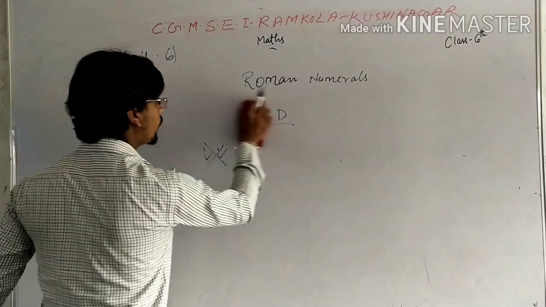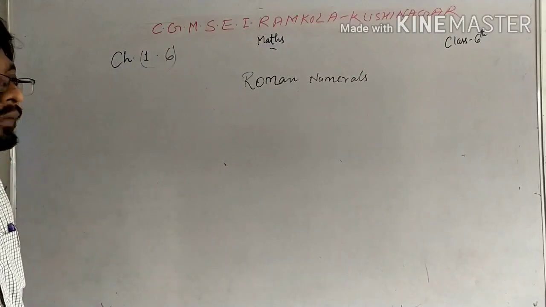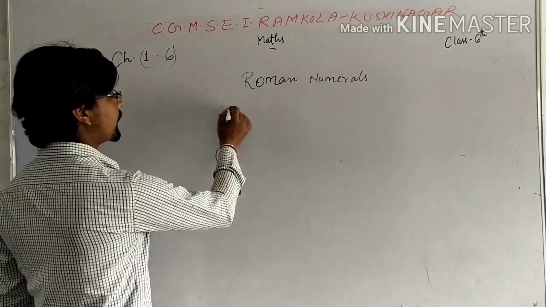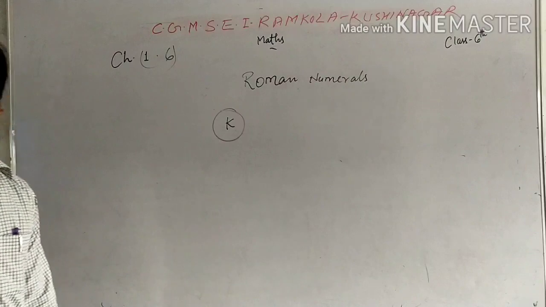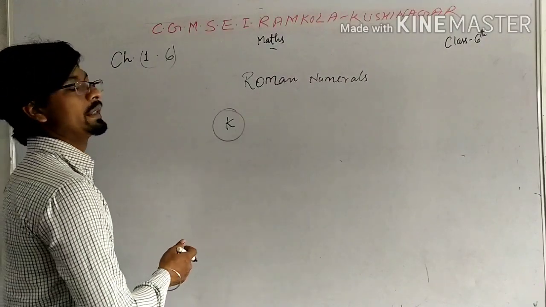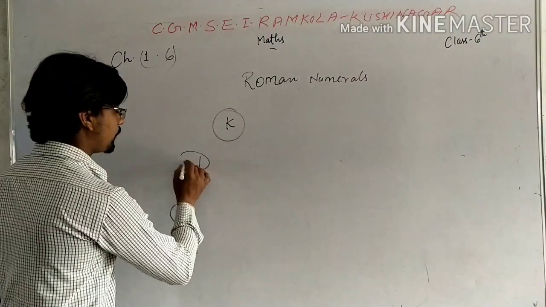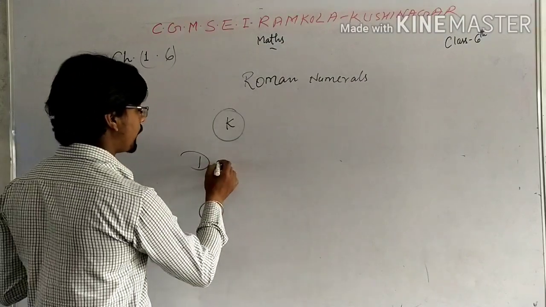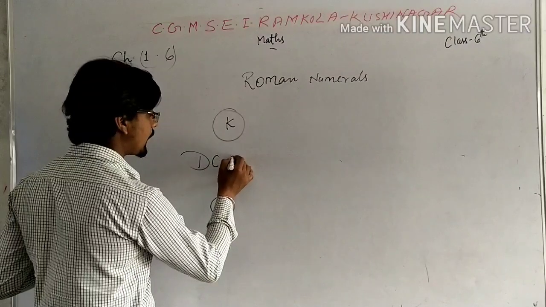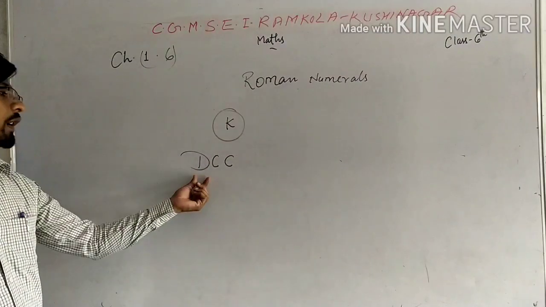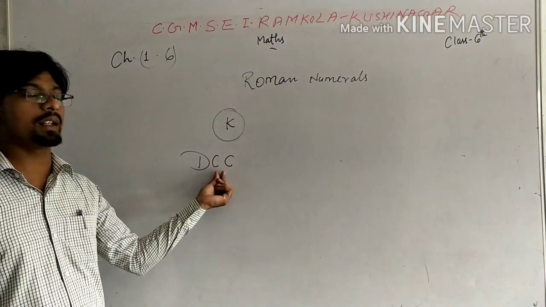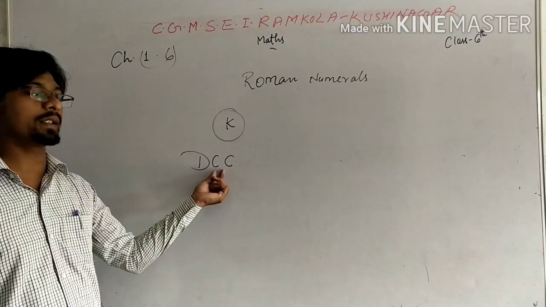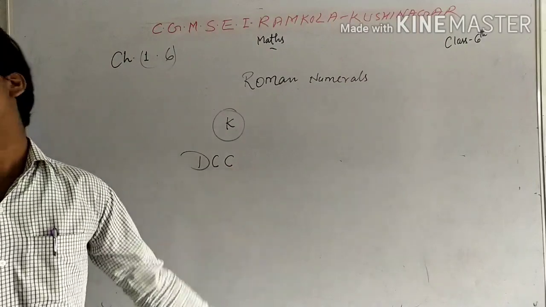If you want to write 500 or 1000, for 1000 the Roman numeral is M. But if you want to write 700, first you place D because D stands for 500, and then you place C and C. 500 plus 100 is 600, plus 100 is 700.